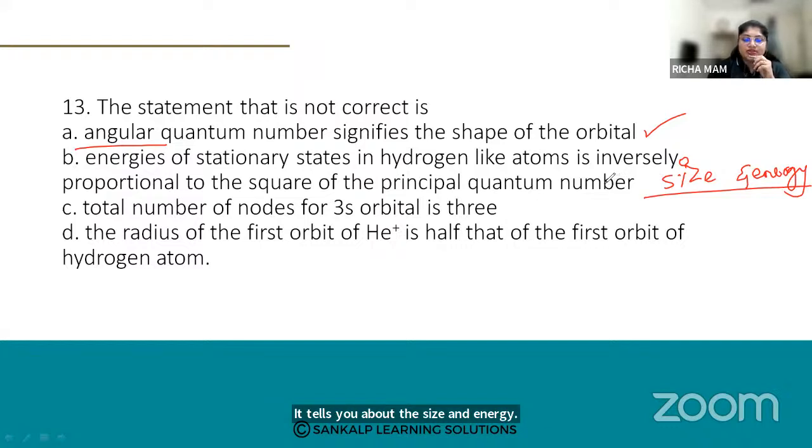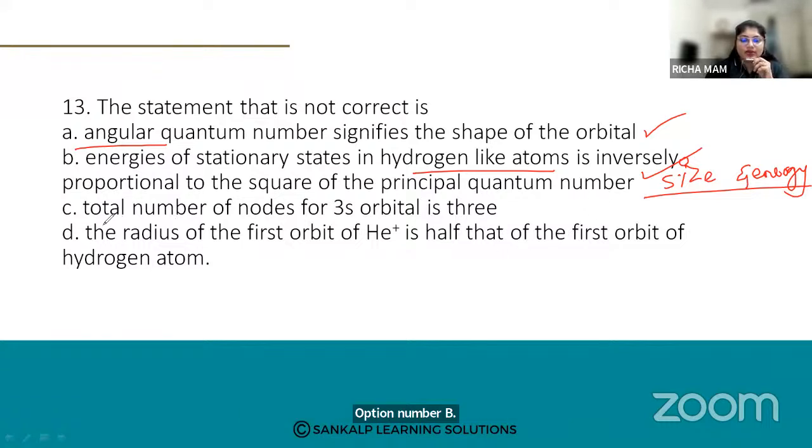For a hydrogen atom, the energy is inversely proportional to the square of the principal quantum number. So option B is also a correct statement.